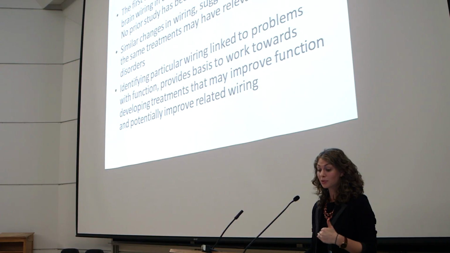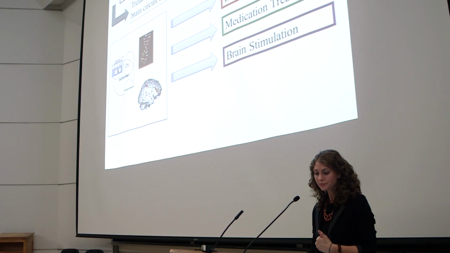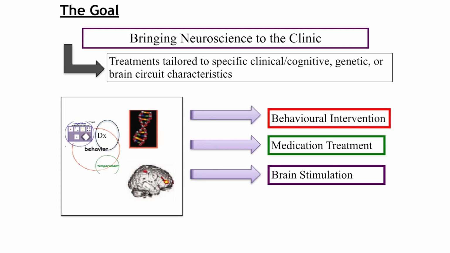And then identifying particular wiring linked to problems with function provides a basis to work towards developing treatments that may improve function and may secondarily improve wiring. So this is the goal. So bringing neuroscience into the clinic, using the advances that we make in brain science, and bringing new treatments to improve function and outcome in individuals.